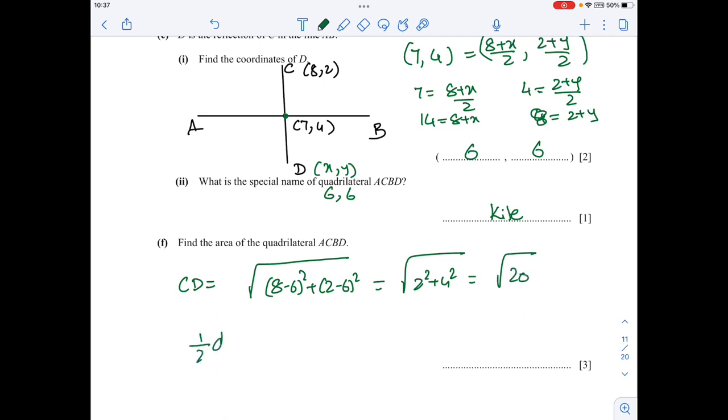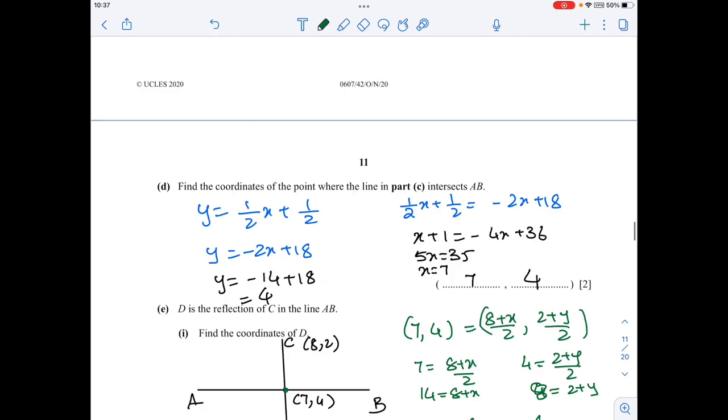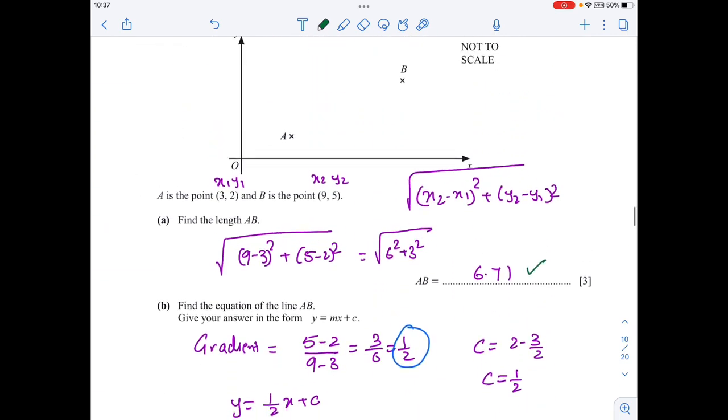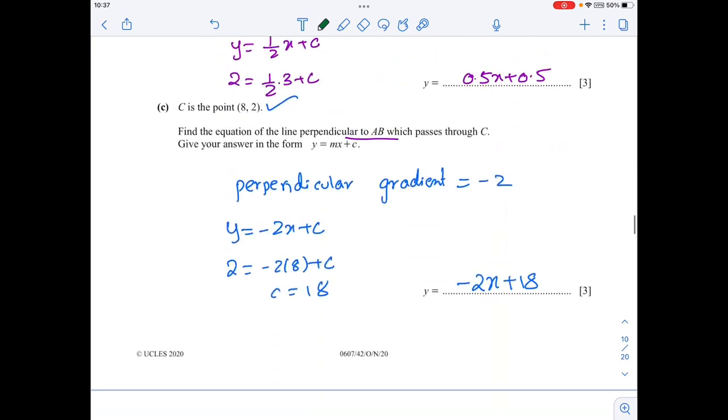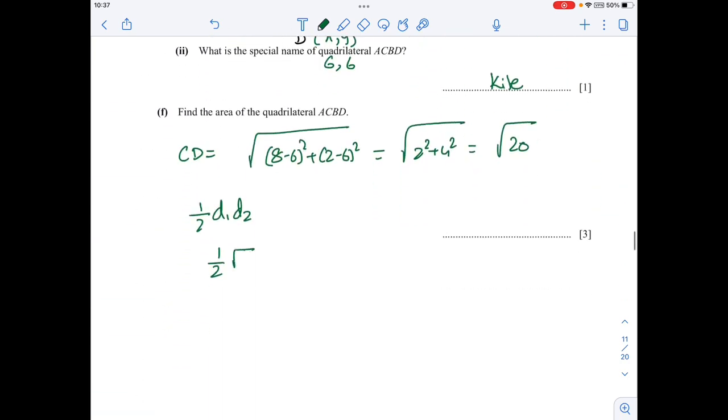So half d1 d2 is going to be the area. Half, diagonal 1 AB was square root of 36 plus 9, which is 45, square root of 45 times square root of 20, which is square root 900 divided by 2, which is 30 divided by 2. 15 is going to be the answer.